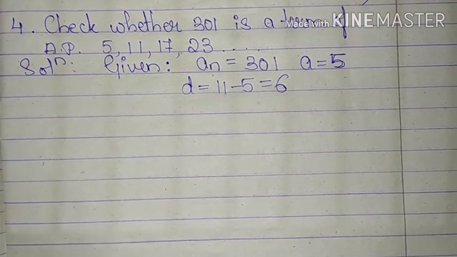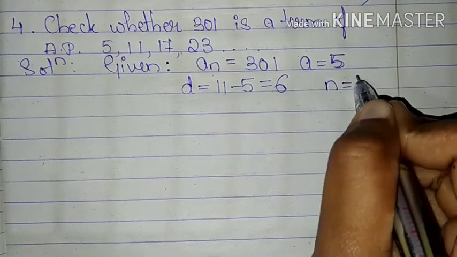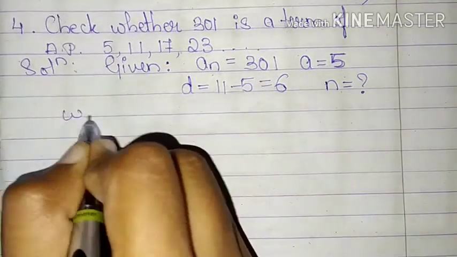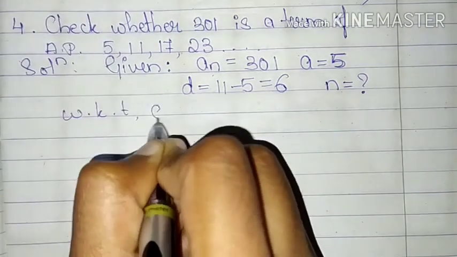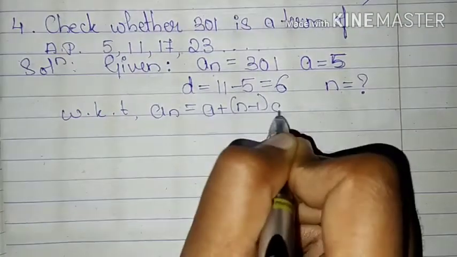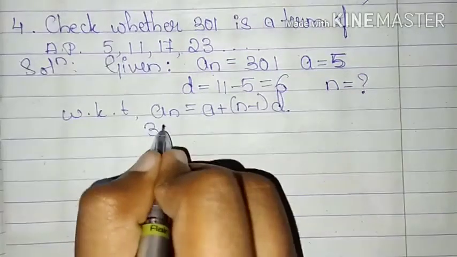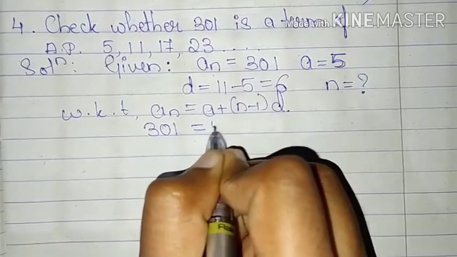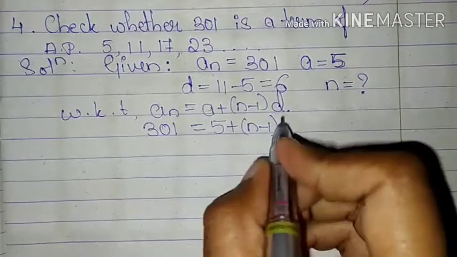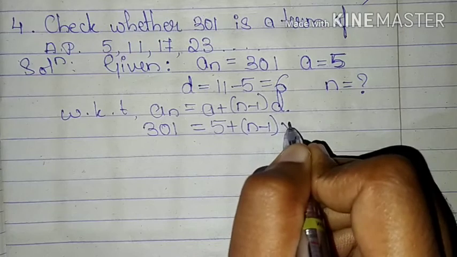So now we have to find N. If we find N, then it will be proved that 301 belongs to the given AP. We know that AN is equal to A plus (n minus 1) into D. So AN is 301, A is 5 plus, we don't know n, so we are finding that, keep it as it is, and D is 6.